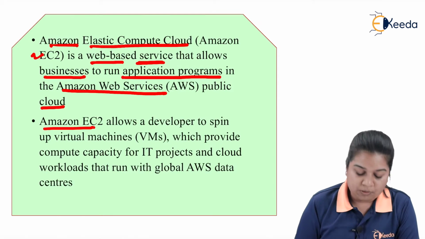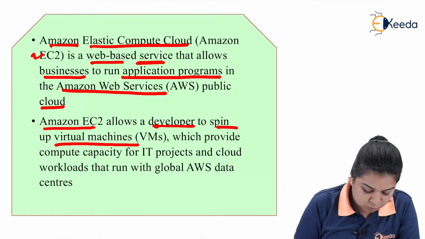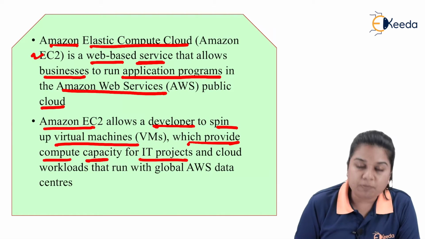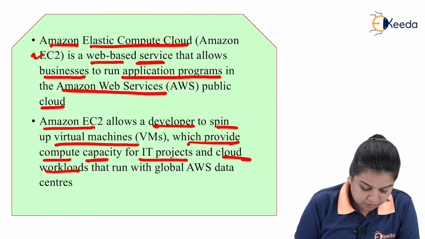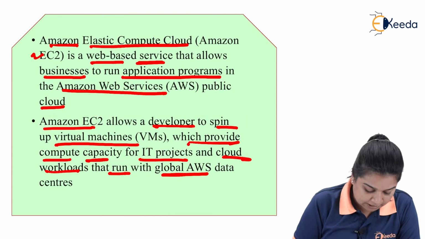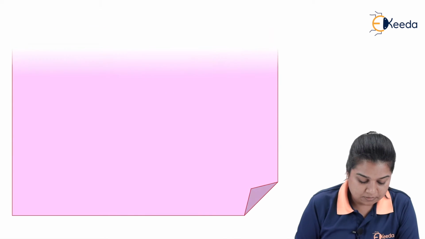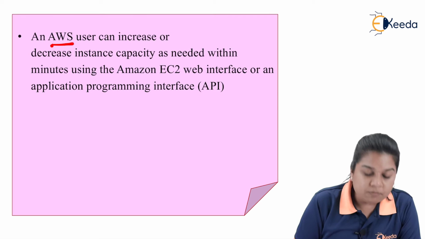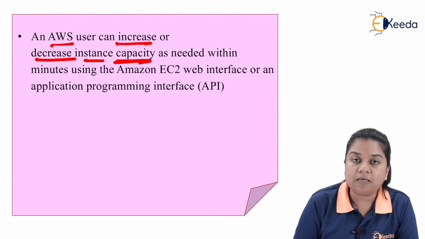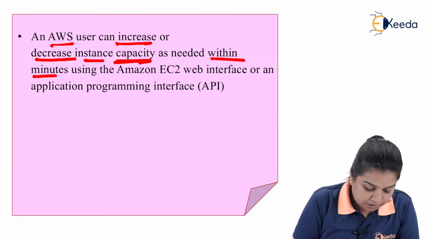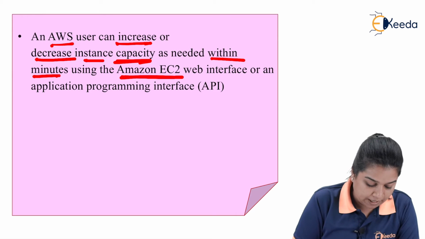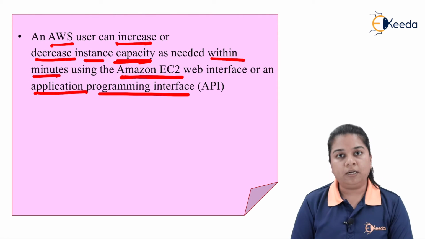Amazon EC2 allows a developer to spin up virtual machines which provide compute capacity for IT projects and cloud workloads that run with global Amazon Web Services data centers. An AWS user can increase or decrease instance capacity as needed within minutes using the Amazon EC2 web interface or an application programming interface.